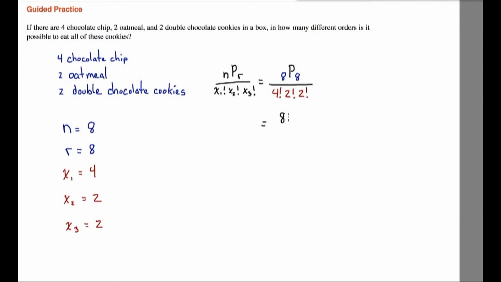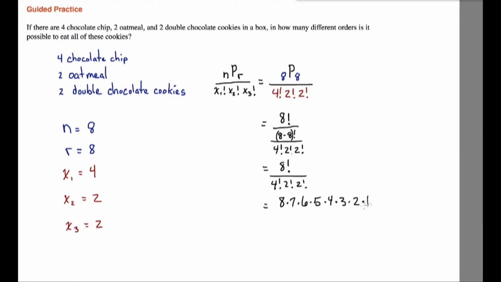So 8P8, the permutation, is just going to be 8 factorial divided by (8 minus 8) factorial, and then all over 4 factorial times 2 factorial times 2 factorial. So you can see how this simplifies. I'll expand all the factorials here.